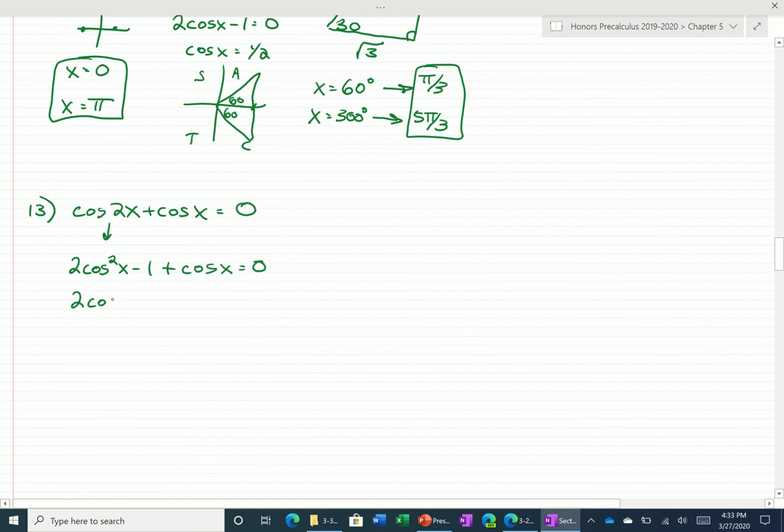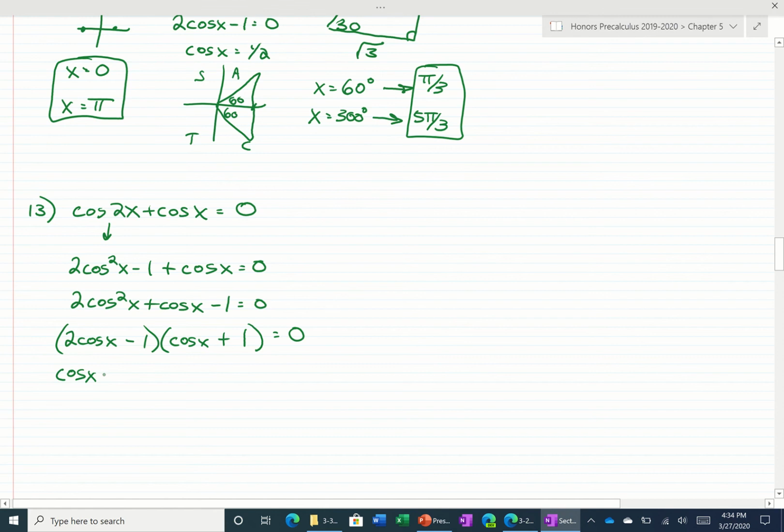This is really just a trinomial. And if we factor using the AC method, you have to get positive 1, so this is going to be positive and negative.